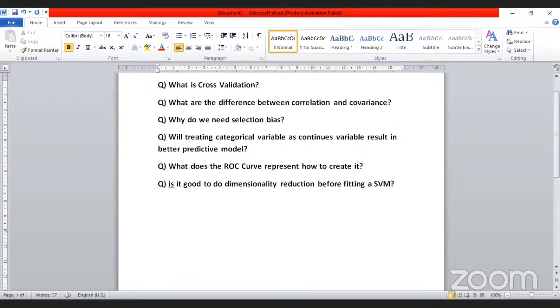Okay, try to answer this question. Is it good to do dimensionality reduction before fitting an SVM, support vector machine?